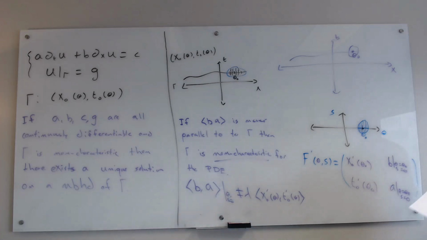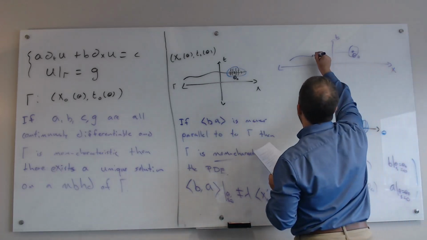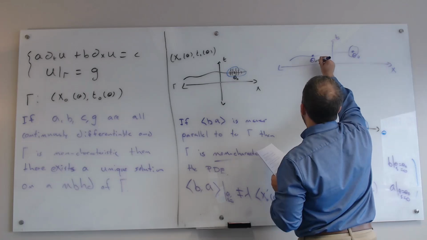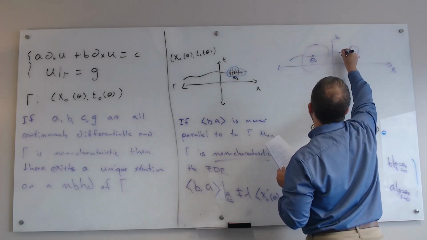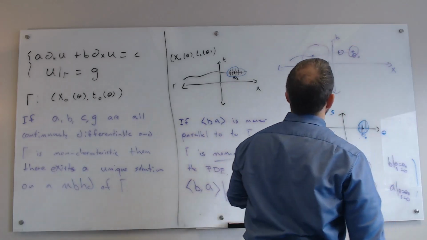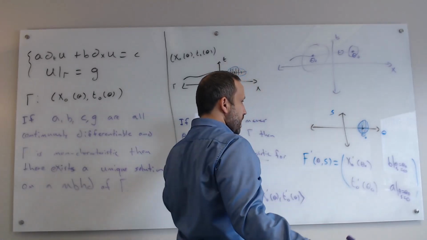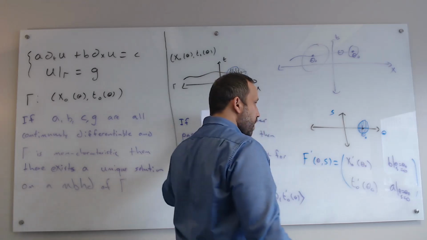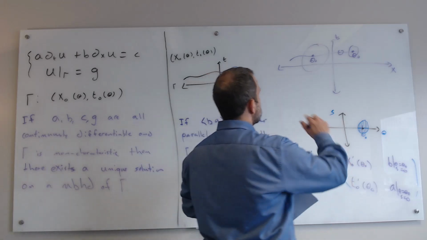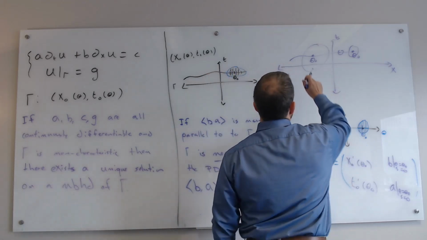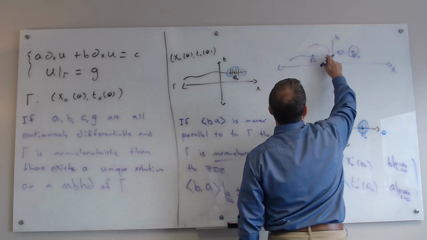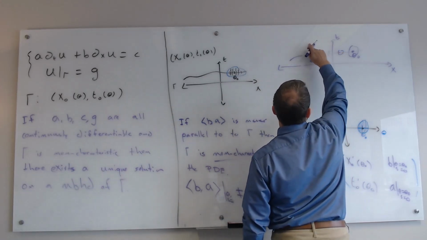Now we can apply this same argument to any theta naught. Maybe sometimes we'll get a great big ball, and maybe sometimes it'll be small. But we take the union of these balls as theta naught runs through the parameter domain, and it says that there's going to be a neighborhood around gamma on which there is a solution.